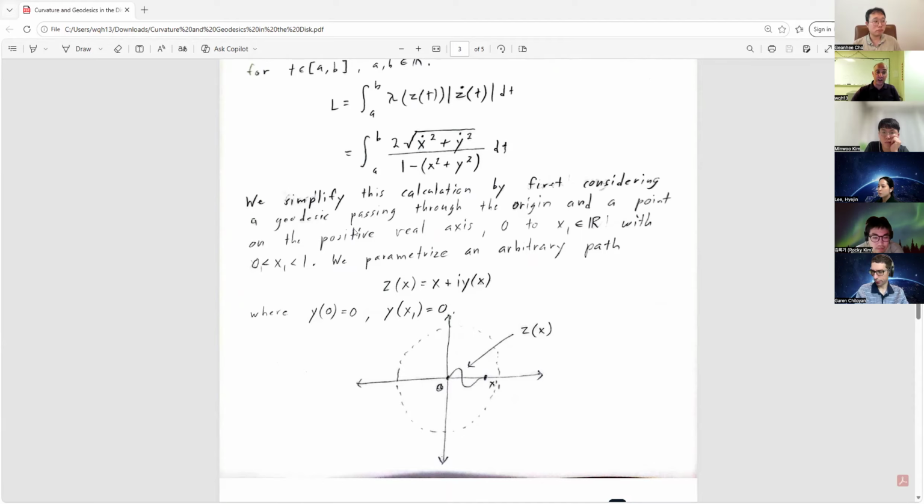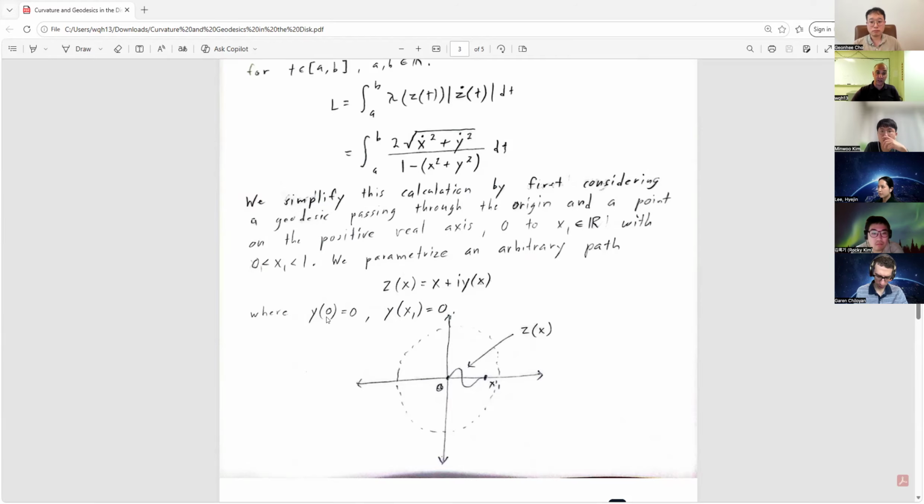We're first going to just consider a geodesic passing through the origin and a point on the positive real axis, 0 to some x1 in R, with x1 between 0 and 1. And so we parameterize any arbitrary path between these 2 points as z of x equals x plus i y of x.